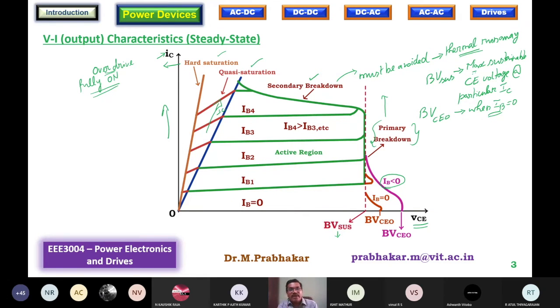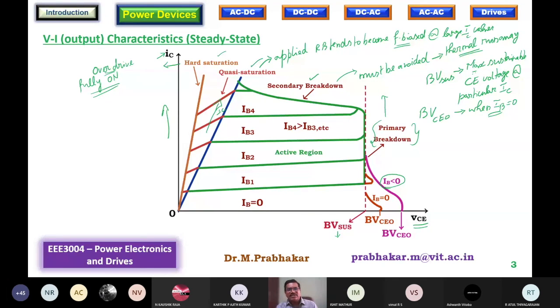Therefore, the applied reverse bias tends to become forward biased at large IC values. That is quasi saturation.